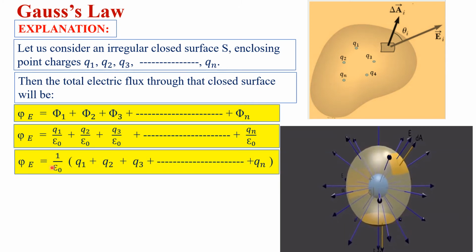Epsilon naught is common, so taking it common from equation number B, we get phi E is equal to 1 upon epsilon naught into Q1 plus Q2 plus Q3 plus so on till Qn.